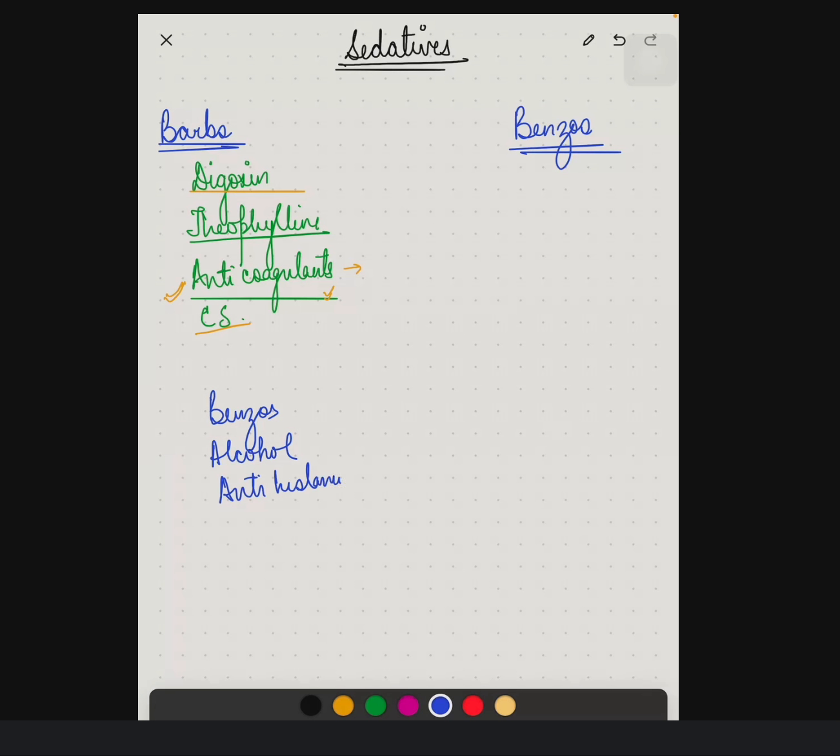So with these drugs, barbs show an additive effect, which can increase the risk of respiratory depression because they are acting in the CNS. Additive effect can lead to CNS depression or respiratory depression or sedation. So these are two reasons why barbs interact with other drugs.